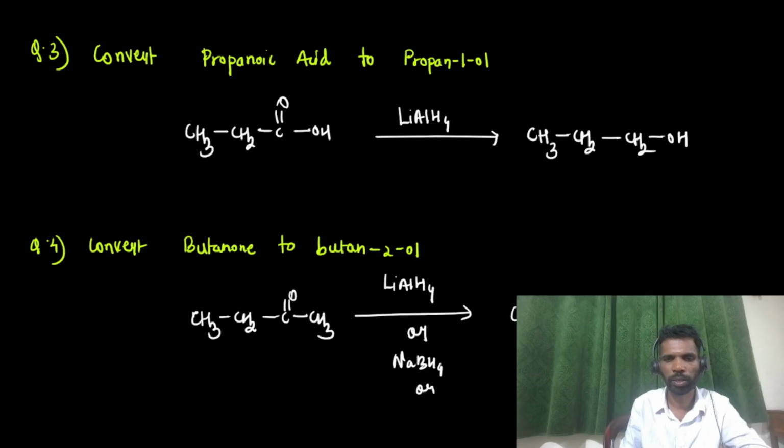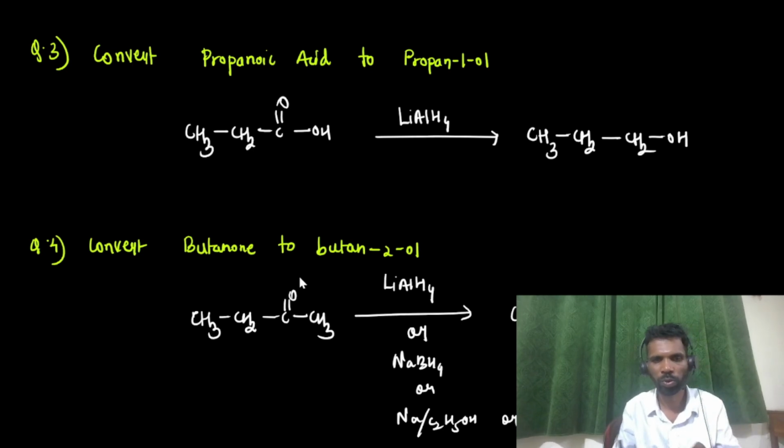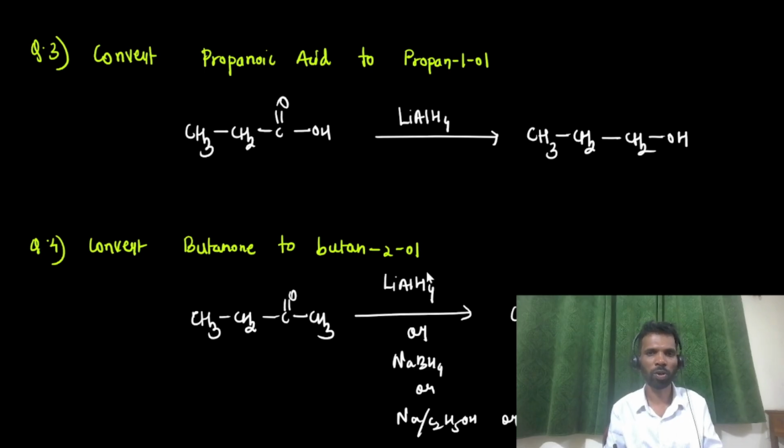Or you can use sodium in the presence of ethanol, or you can also use hydrogen in the presence of platinum, palladium, or nickel. So these are the applications of that flow chart, whatever we studied.